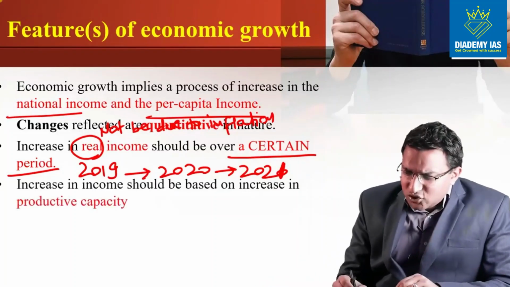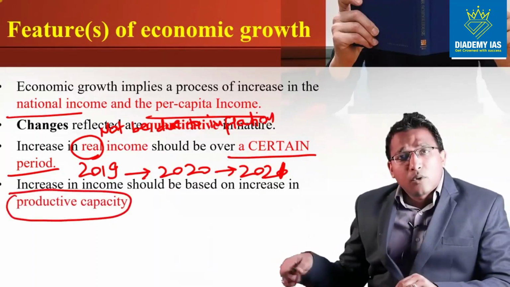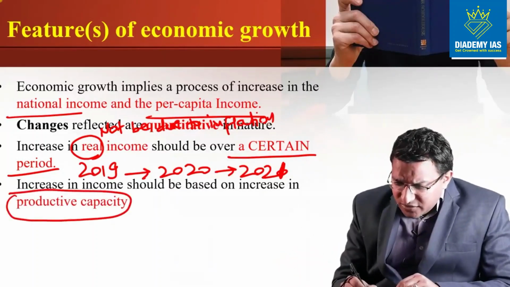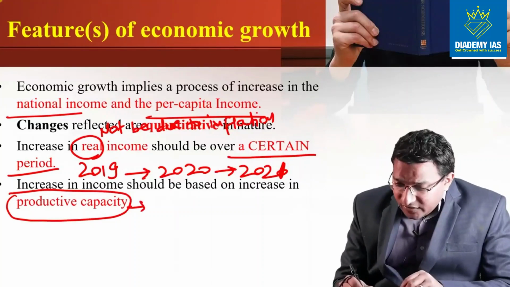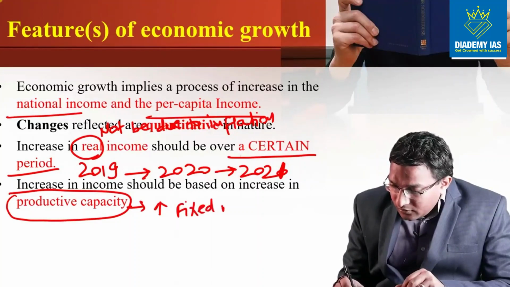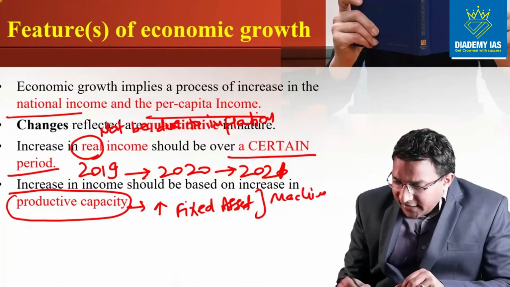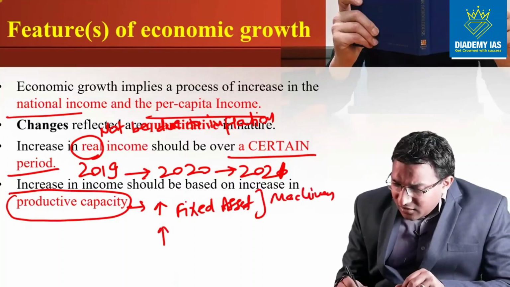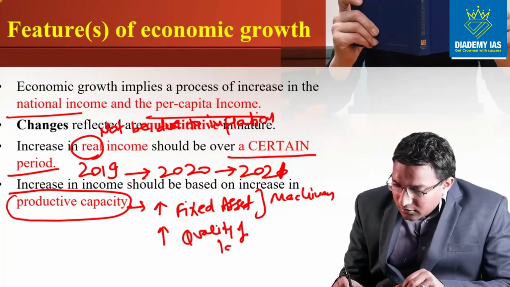Increase in the income should be based on the increase in the productive capacity. So when we say productive capacity increment, that means increment in the fixed assets like machinery, right? Or it can be increment in the quality of labor, right?